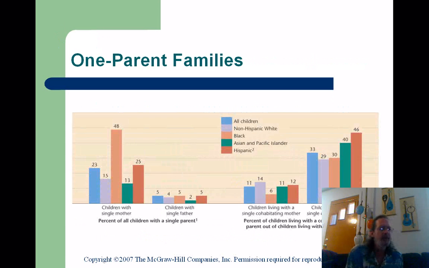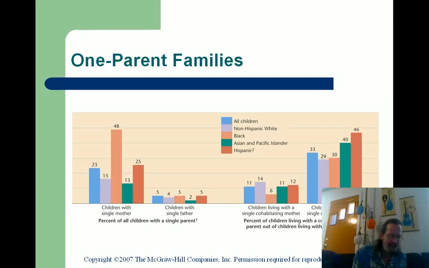One-parent families are the trend. They're happening more and more all the time, particularly in certain ethnicities. This tends to be more difficult. Let me say this about divorce. About 1 million kids per year deal with divorce, and there's about a 50% chance that a child is going to be with a single parent for an average of about 5 years, unless that information is out of date.